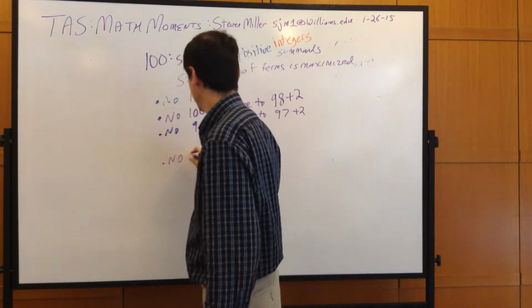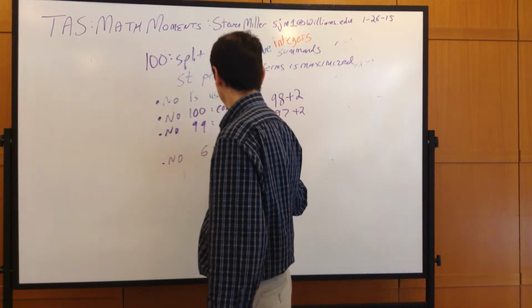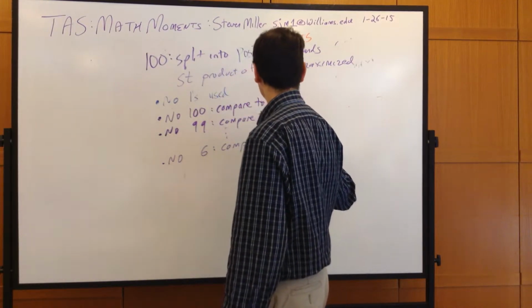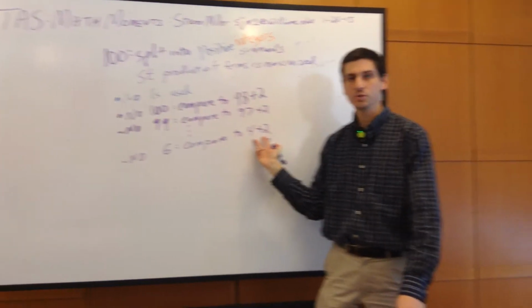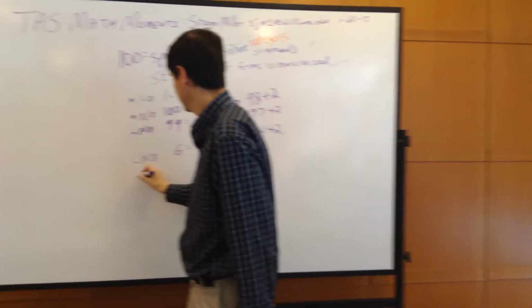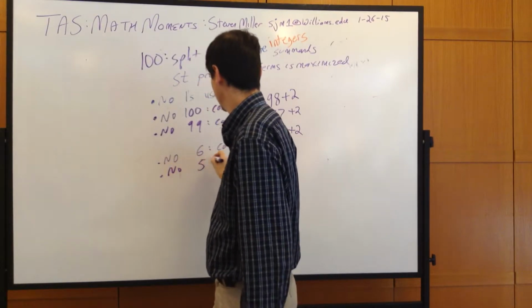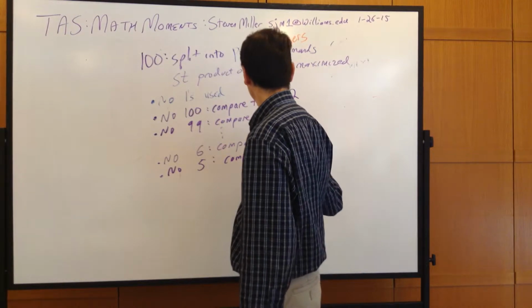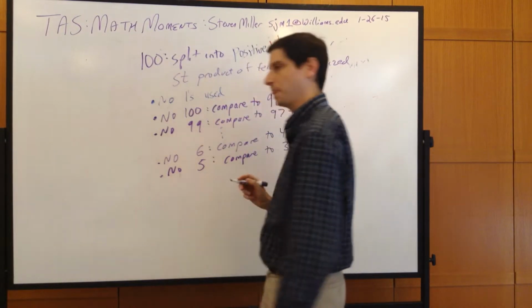What about 6? Compare to 4 plus 2. 4 times 2, their product would be 8. 8 is better than 6. What about 5? So compare to 3 plus 2.